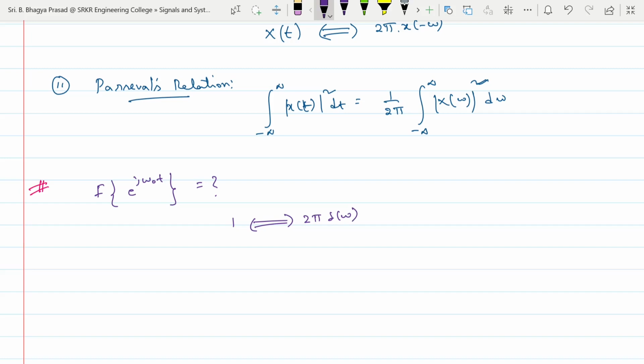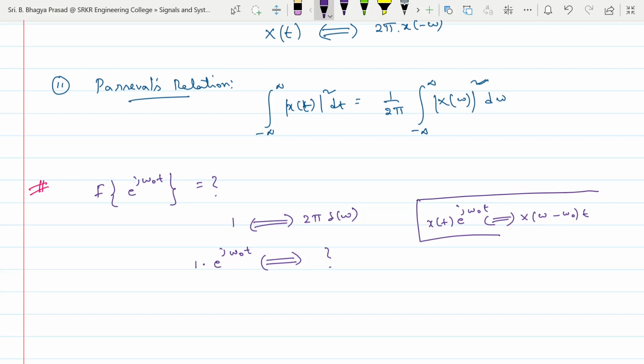If 1 is multiplied with e^(jω₀t), what is the Fourier transform? You can remember the frequency shifting property: x(t)e^(jω₀t) has the transform X(ω−ω₀).